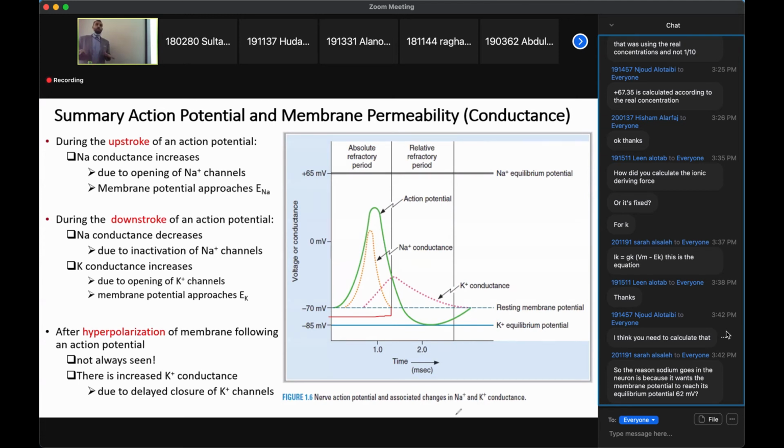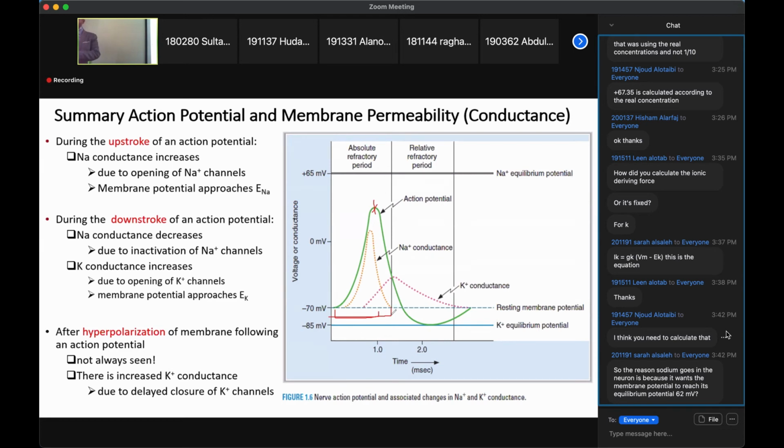The reason for this is the inactivation of the sodium channels. Sodium channels inactivate around the overshoot, and they require some time before they can activate again. So this part is the absolute refractory period, and there would be no generation of another action potential.